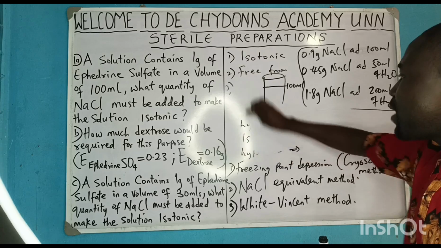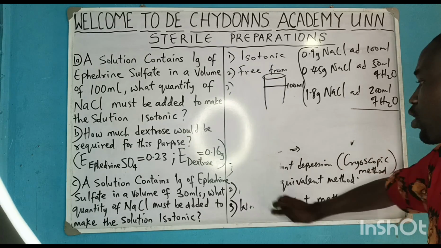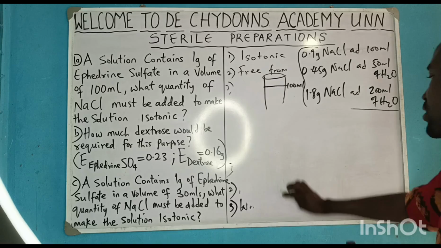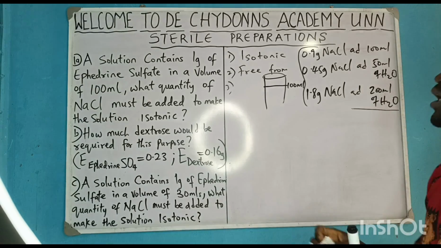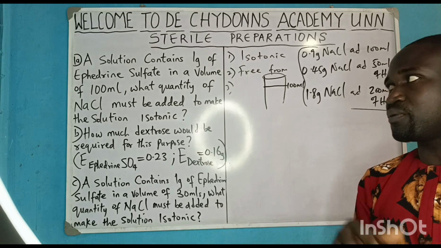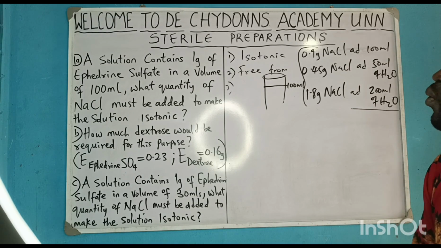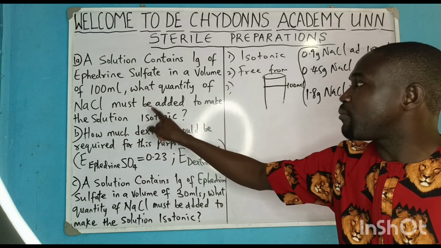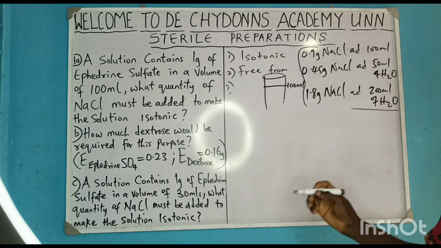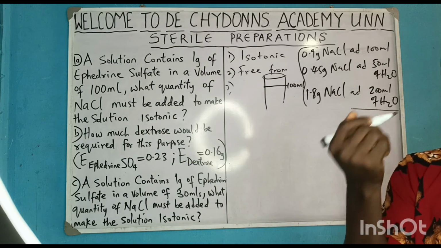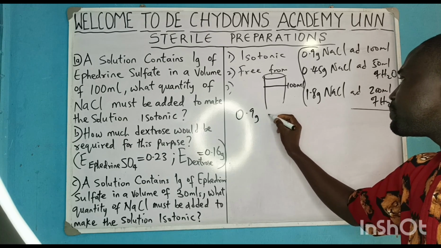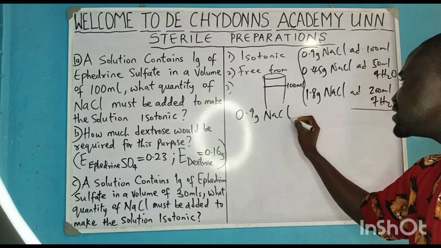Now, question number 1 says a solution contains 1 gram of ephedrine sulfate in a volume of 100 ml. What quantity of sodium chloride must be added to make the solution isotonic? I will tell them, for a solution to be isotonic, it must have 0.9 gram of sodium chloride.